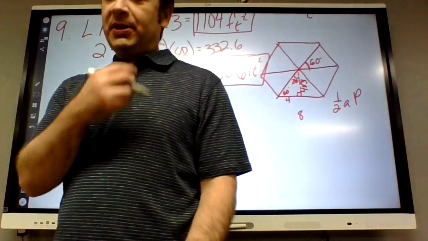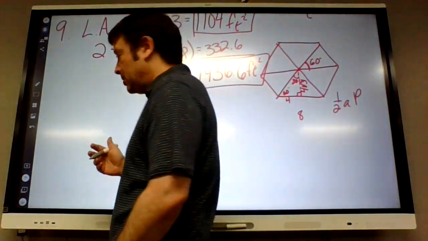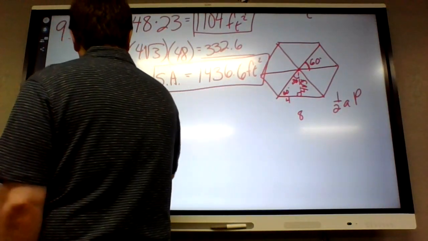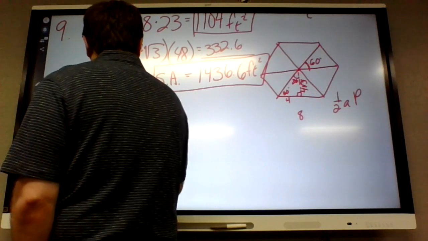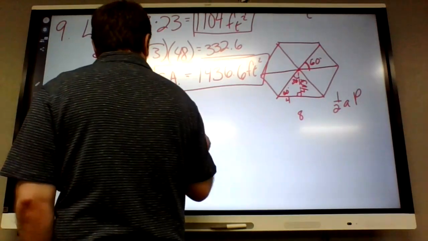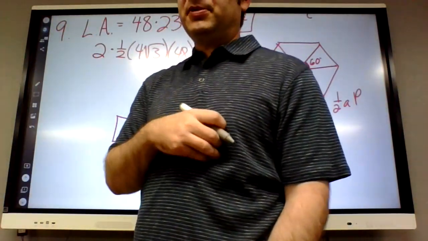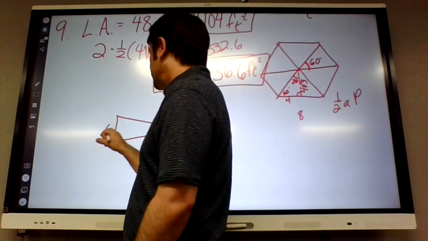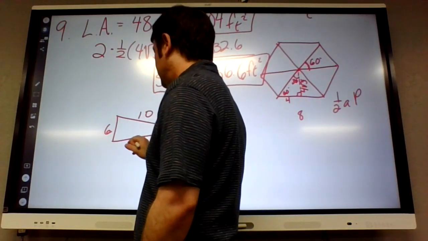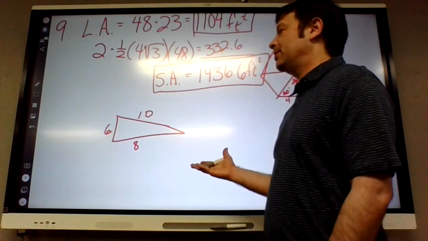Now we need to take a little side chat about number 10. On number 10, I'm not going to be doing this, by the way, but what are the sides of the triangular base on number 10? 6, 10, and 8. How do I know what the base and height are?